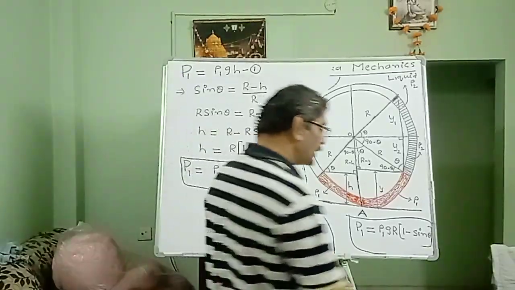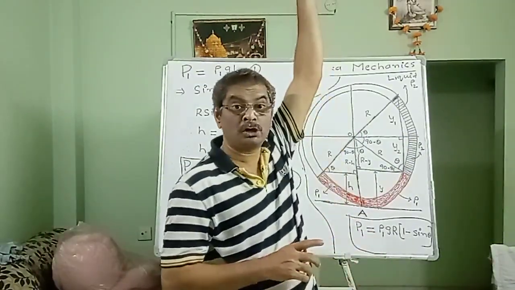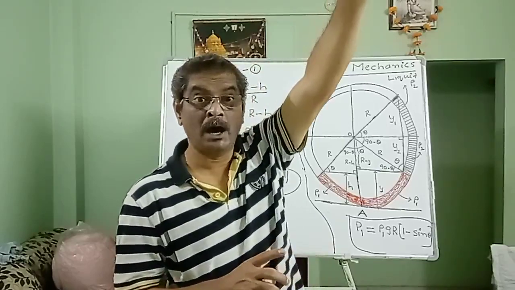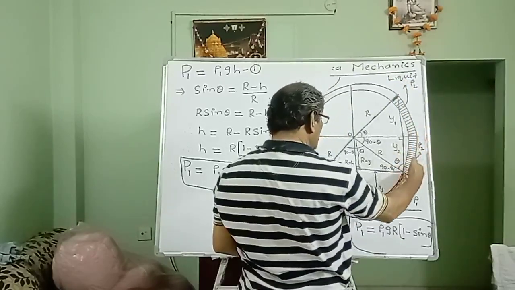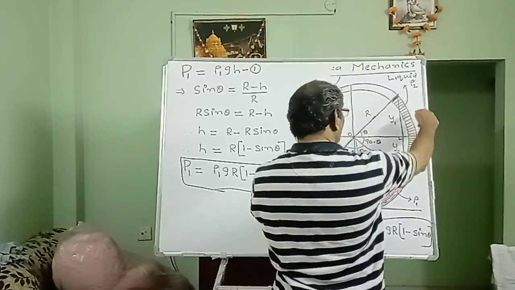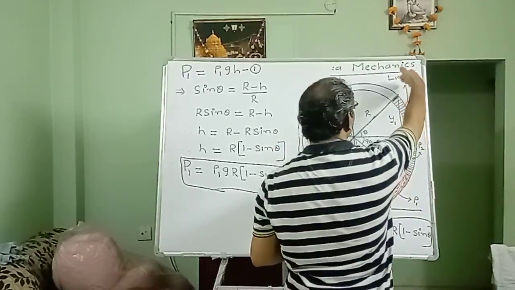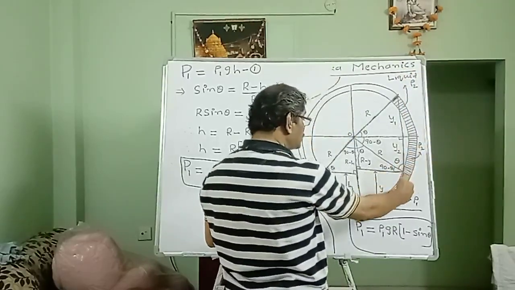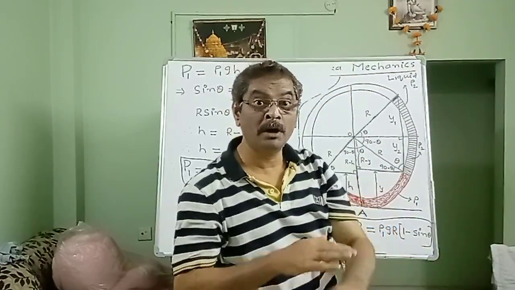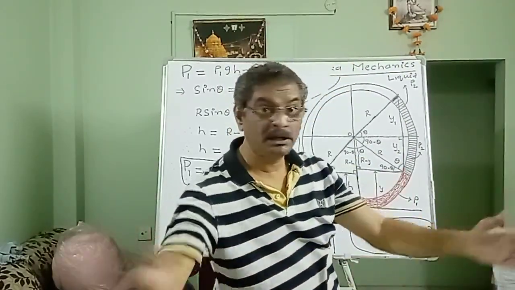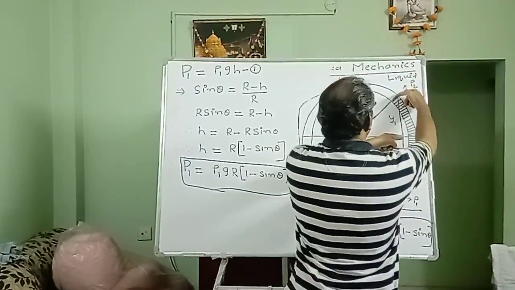So now similarly we will find out what will be the total pressure that will be exerted by the right column at the point A. You can clearly see for the first part the vertical height will be y1.